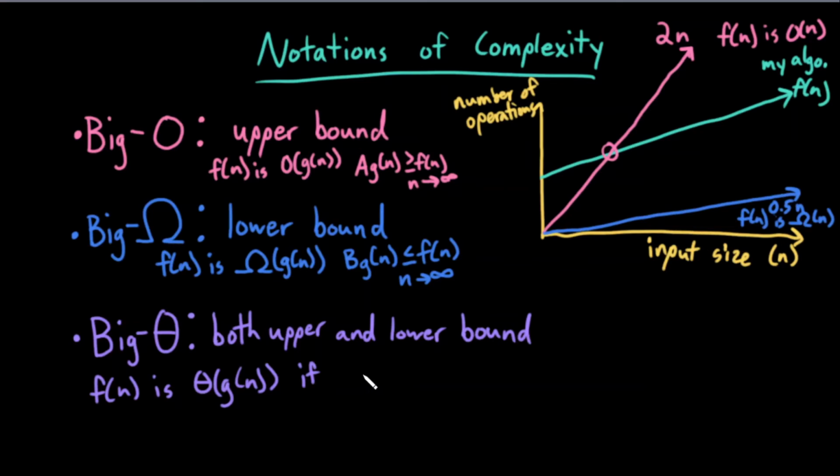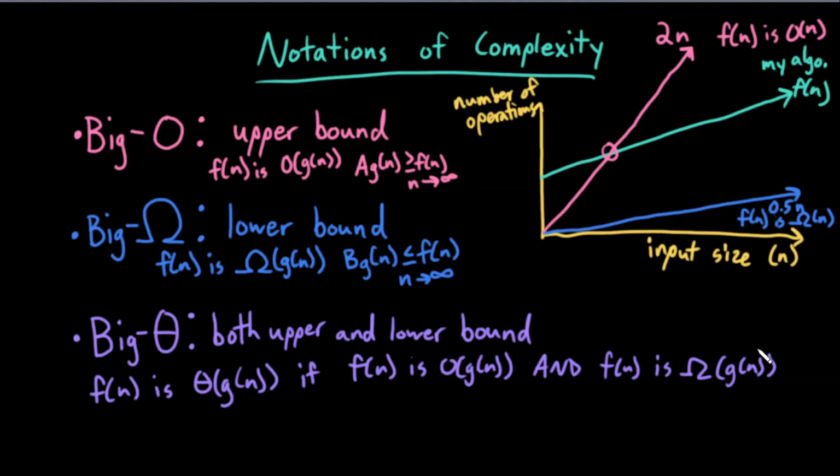if, first the intuitive way, f of n is big O of g of n, and f of n is big omega of g of n. But mathematically, what does this mean? It means f of n is bounded on both sides.